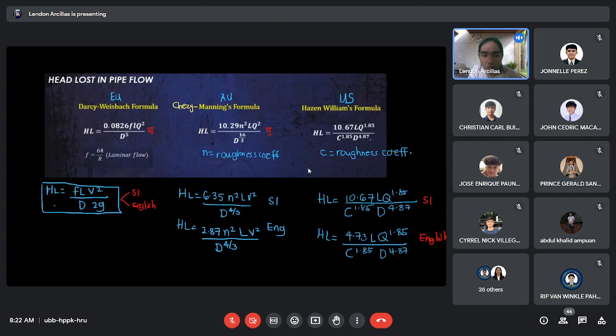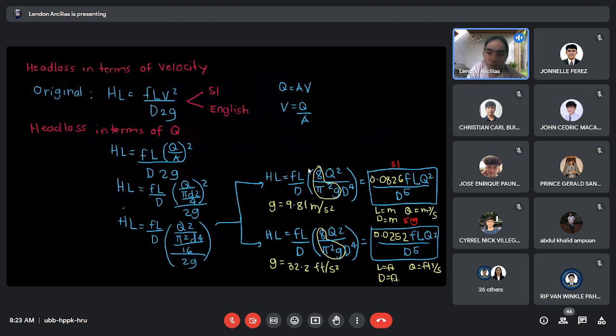Again, this is the original formula of Darcy-Weisbach in terms of F, I mean, Darcy-Weisbach in terms of velocity, and dinerive siya in terms of Q kasi laging given yung Q. So, you can use this one SI in English, but in terms of Q, magdadalawa yung equation niya in terms of Q, head loss, but this is in SI unit and this is in English unit.